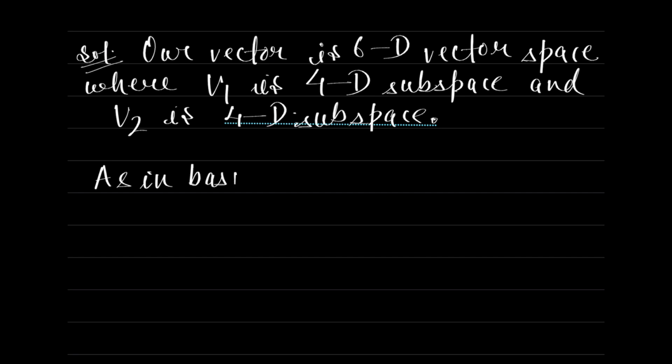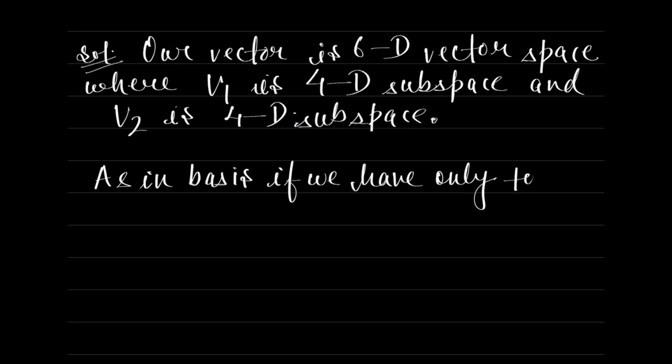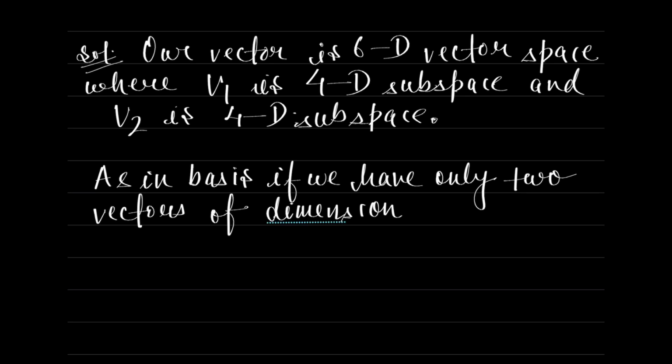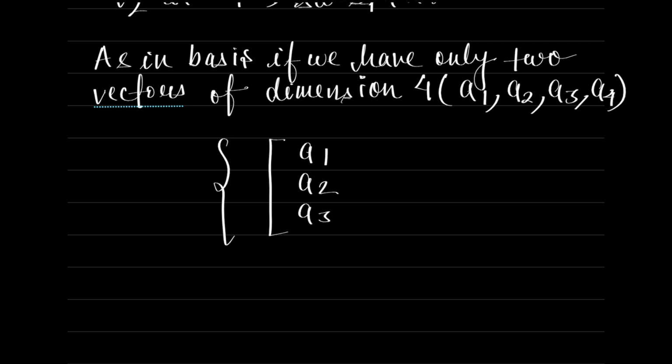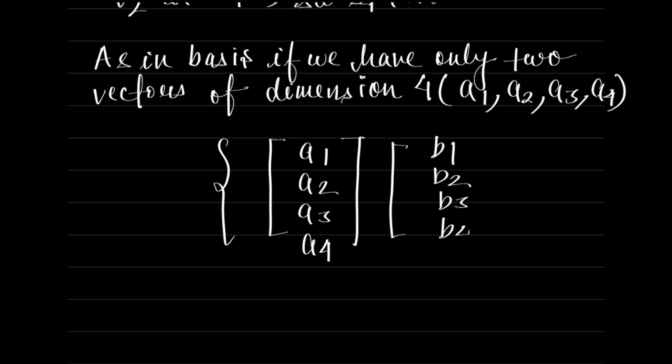As in a basis, if we have only two vectors of dimension 4, a1, a2, a3, a4, and likewise, let us take a vector a with components a1, a2, a3, a4, and a vector b as b1, b2, b3, b4.